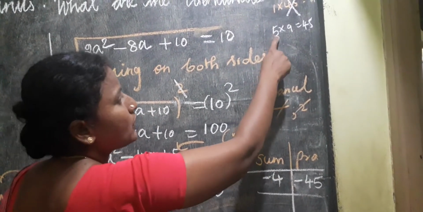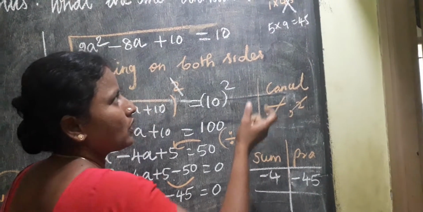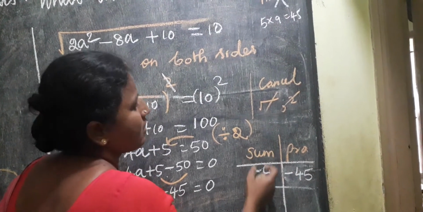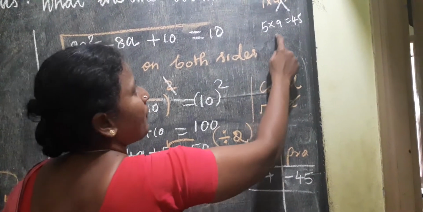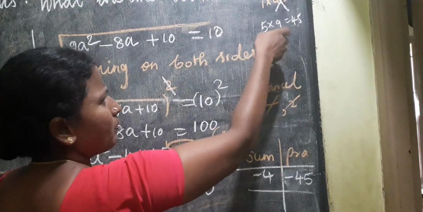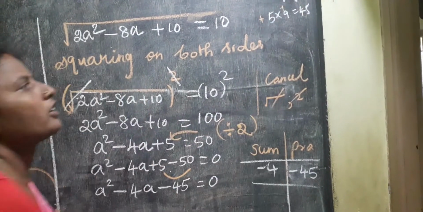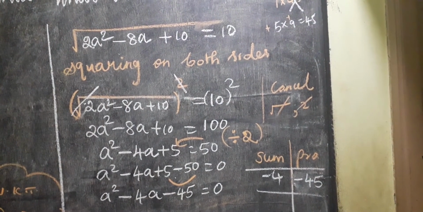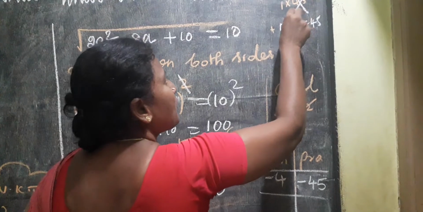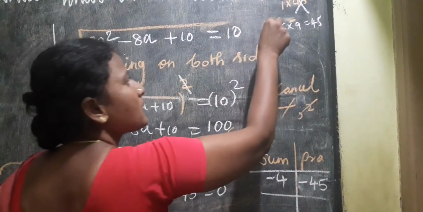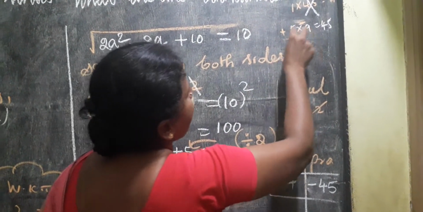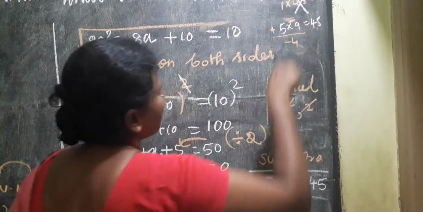Another rule: you select the same table, multiplying gives this answer and addition gives the other. 9 plus 5 is 14, not possible. So which sign do you put? If you put minus for 9 and plus for 5, that is −9 + 5. What is the answer? Different signs, subtract and put the greater number's sign.